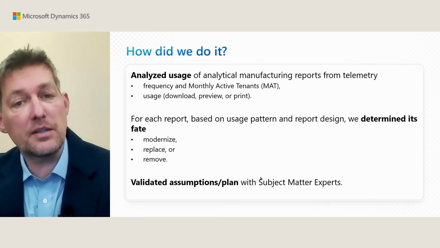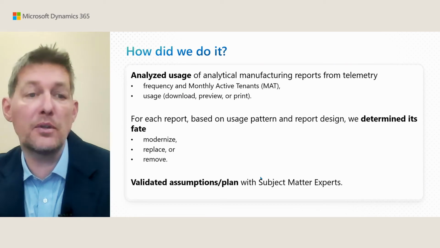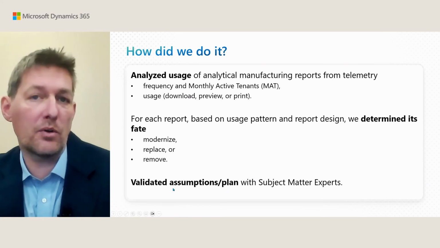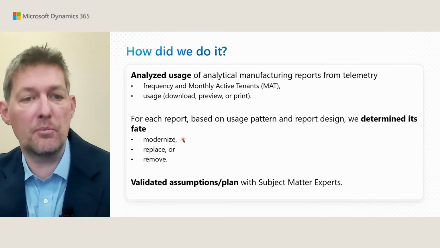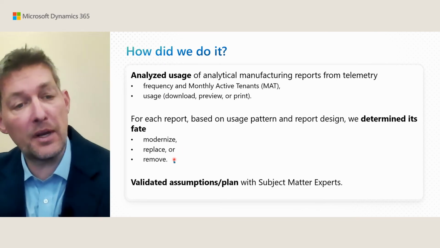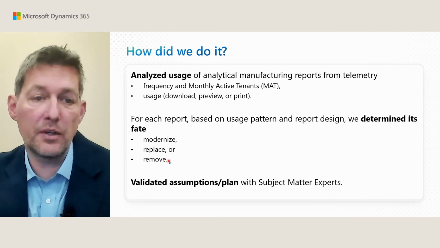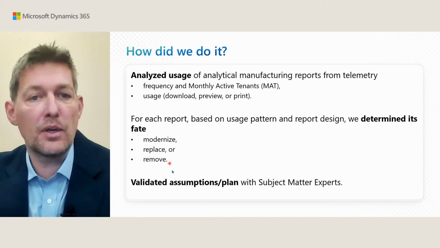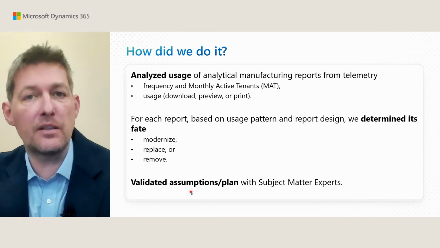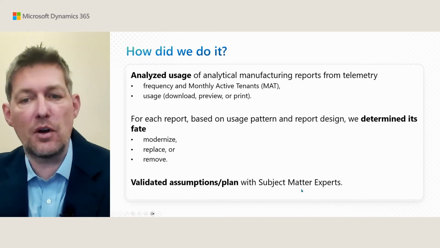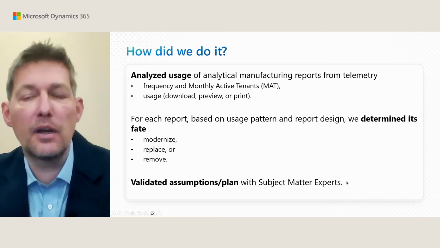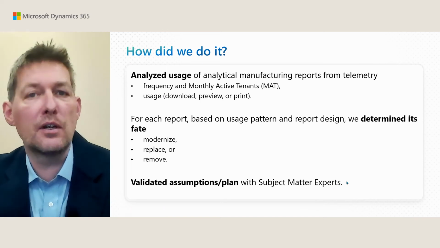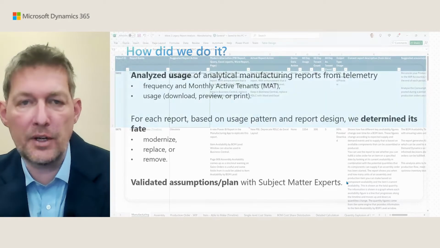And then based on this data, we determined for each report its fate. Should it be modernized? Should it be replaced? Or should we just remove it? And based on that, we made a plan, and then we validated our assumptions with some manufacturing experts from the community, just to make sure that we were on the right track.